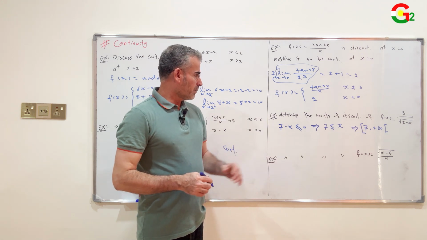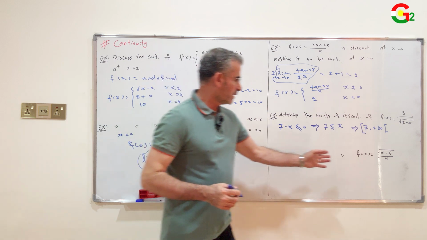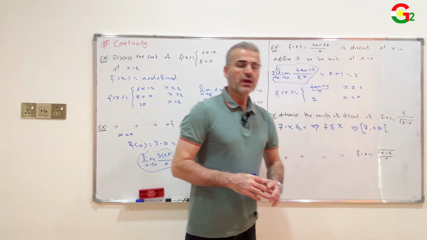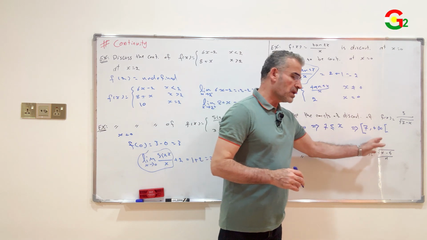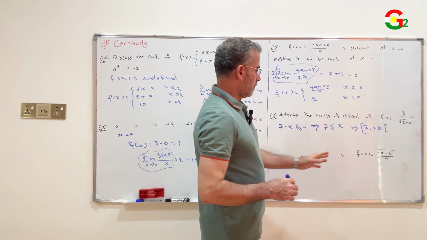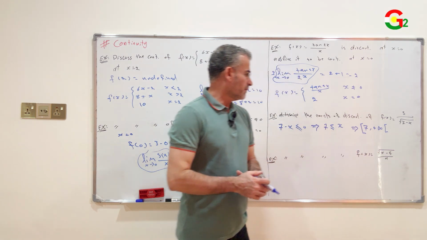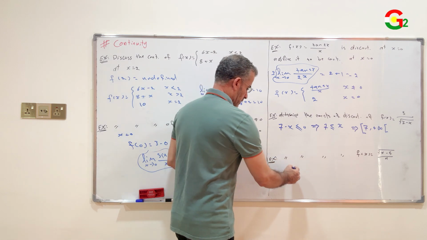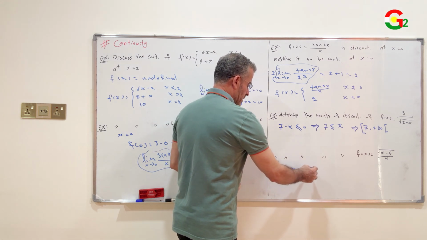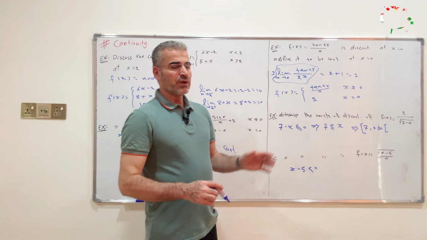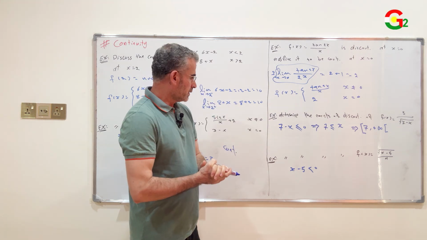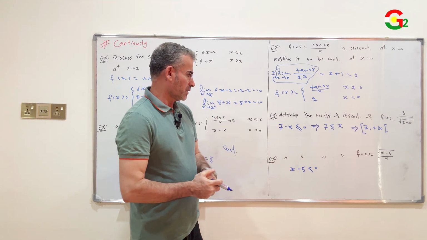Example: determine the points of discontinuity of the function f of x equal to square root of x minus 5 over 4. Since the root is in the numerator, then the point of discontinuity is when x minus 5 less than 0, only less, because in the numerator it doesn't matter if it is 0.